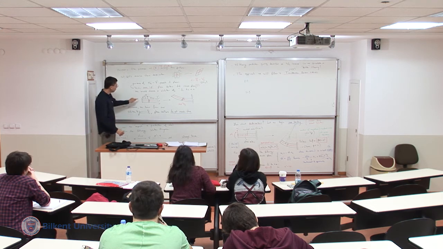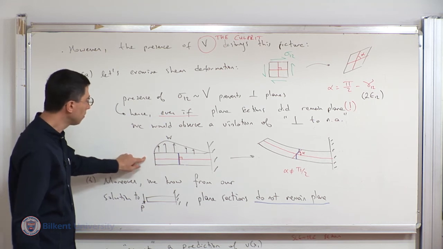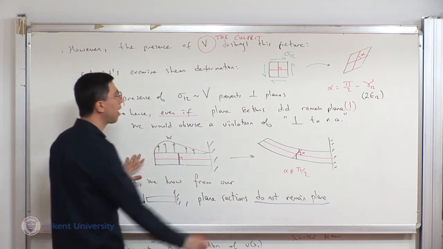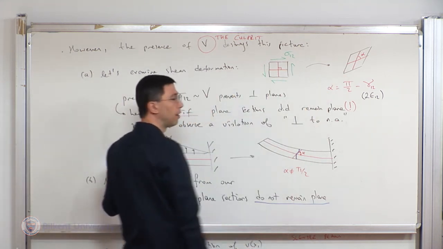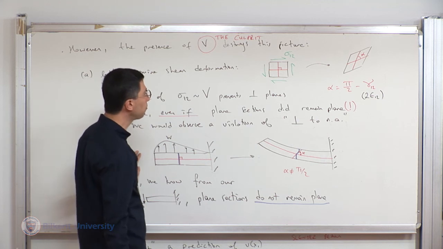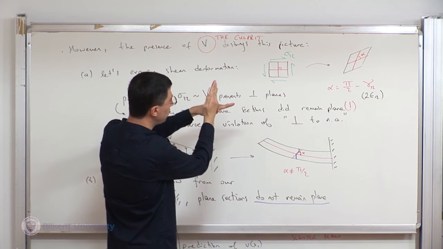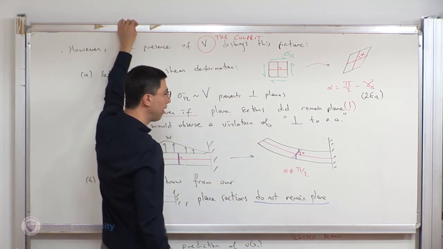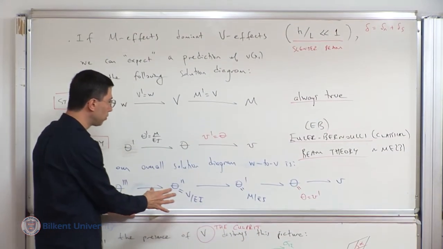First of all, plane sections do not even remain plane. But let us forget this complication. There is a much simpler complication that we can picture in our minds: plane sections that are initially perpendicular to each other, due to the presence of shear stresses, do not remain perpendicular to each other anymore after deformation. So now let us go back to this diagram.